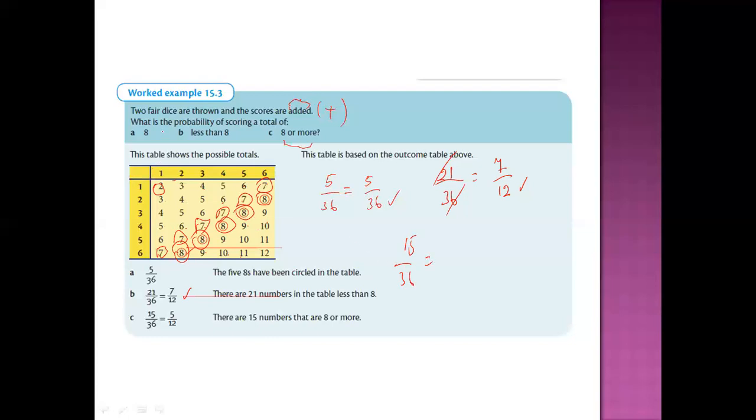And I want to remind you also, because two dice are thrown, the denominator, the bottom number, will always be 36. Don't forget it. Okay. And when you simplify that by 3, we'll get 5 over 12. The answer is 5 over 12. Okay. And the explanation, there are 15 numbers that are 8 or more than 8.